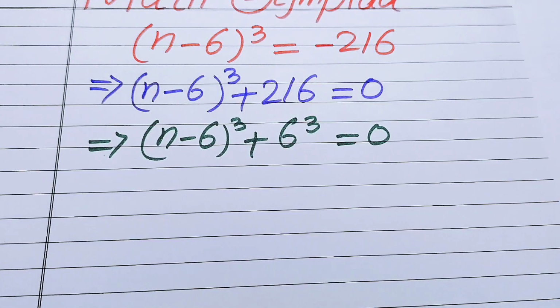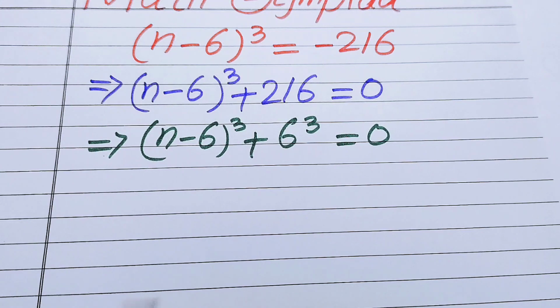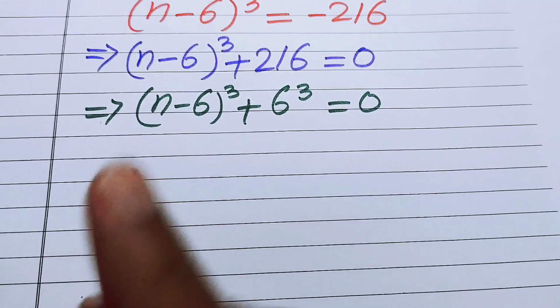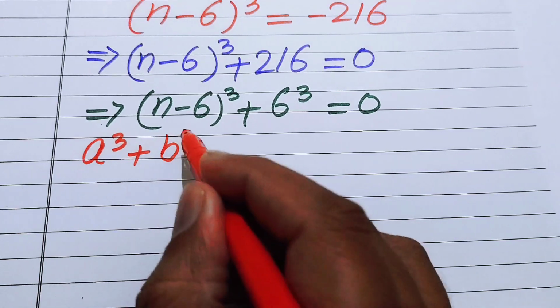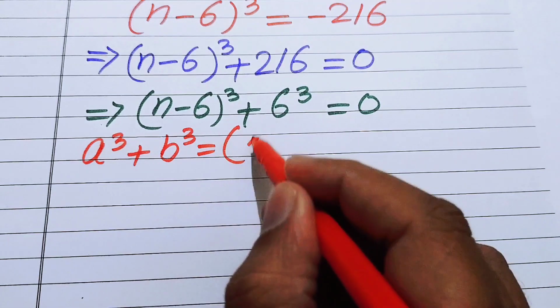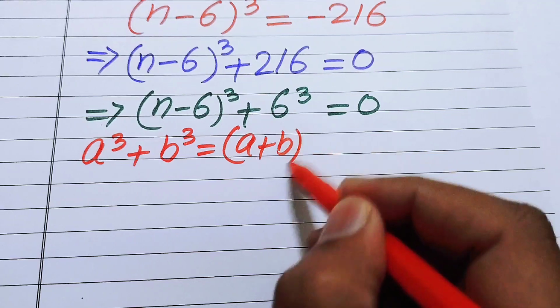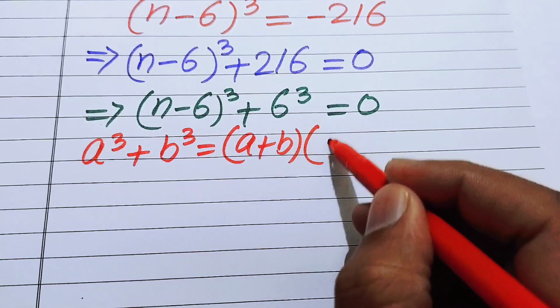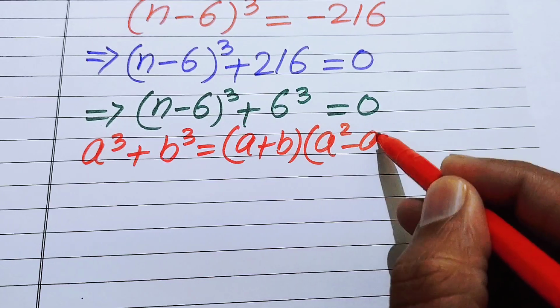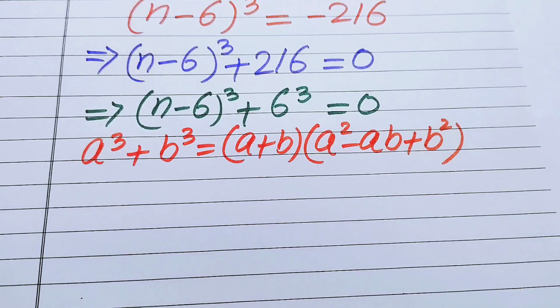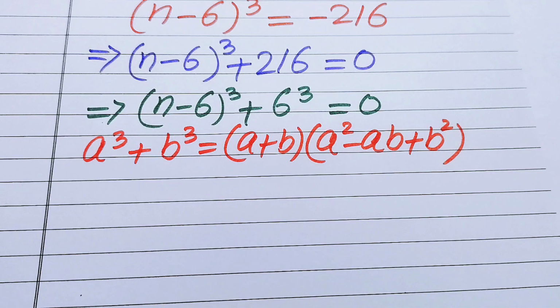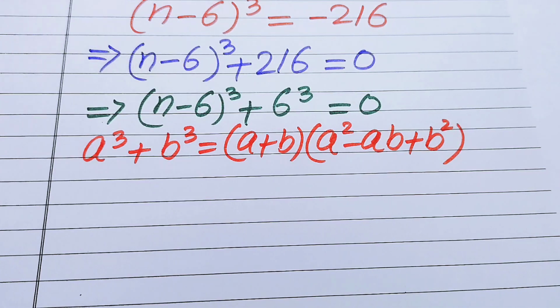And in the next step here we need to use the nice cubic formula, and you know about this formula. If we have a cubed plus b cubed, it equals (a plus b) times (a squared minus ab plus b squared).